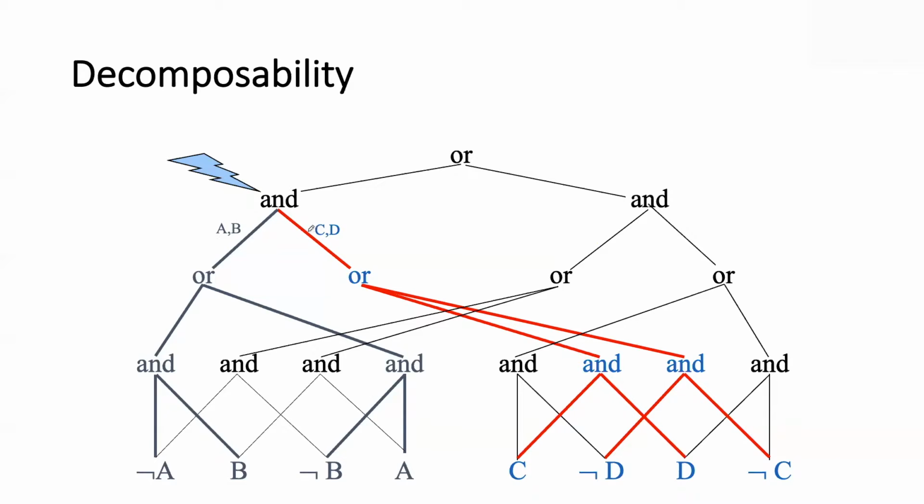In this case, it's pretty simple because we have only two subcircuits feeding, and you can see that one of them is over the variables CD and the other over the variables AB, and those do not overlap. So we will say that this AND is decomposable, and this has to apply to every AND in the circuit. When that's the case, we will say the circuit is decomposable, and the circuit type is known as a DNNF circuit. So it's a pretty simple definition.